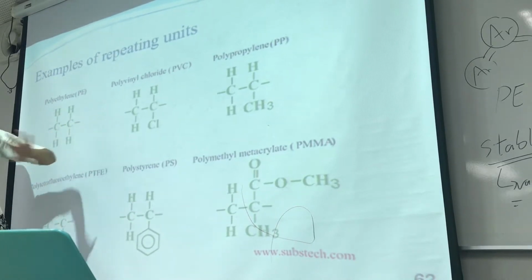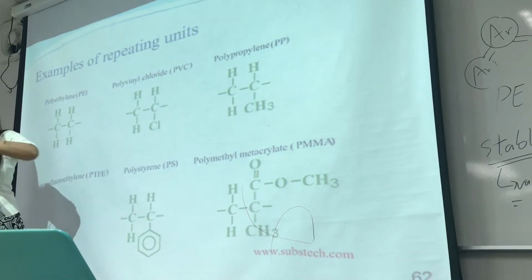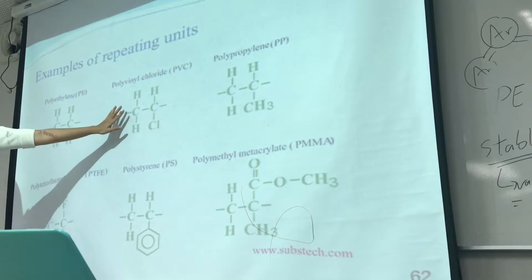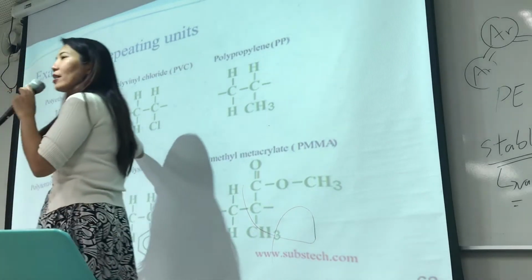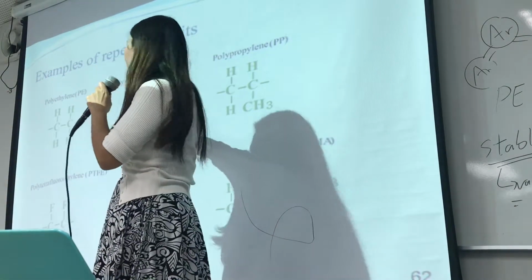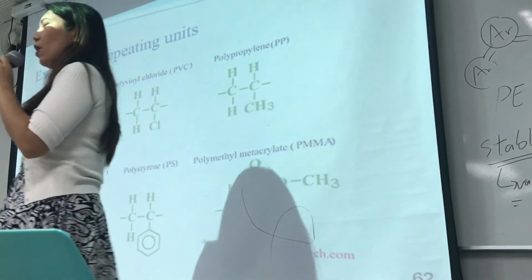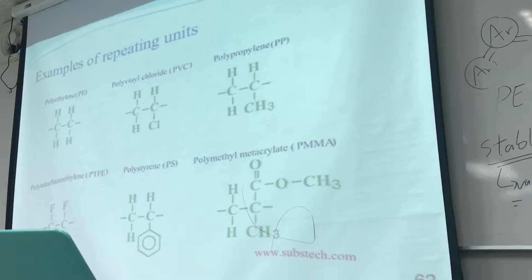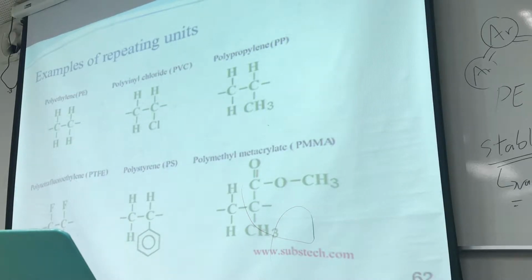Okay, so in this case, you see, C2H4 and then one of the H is replaced with chlorine. What do you call it? Vinyl chloride. If we talk about polyvinyl chloride, you just think, what the heck?